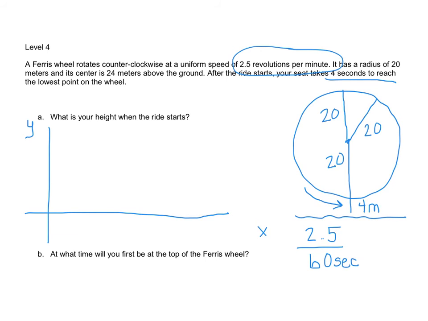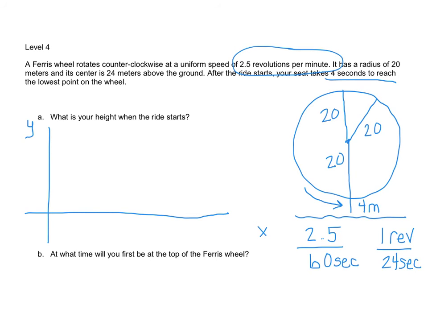That would mean there's 1 revolution, or 1 cycle, every 24 seconds. So I'm going to have 1 cosine graph every 24 seconds.